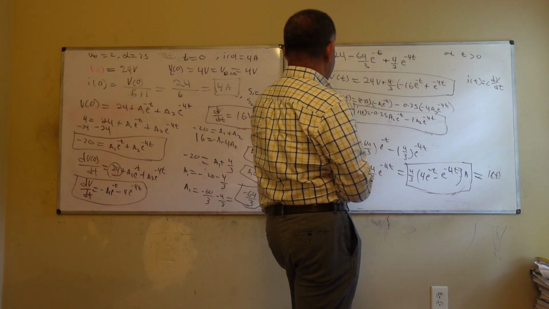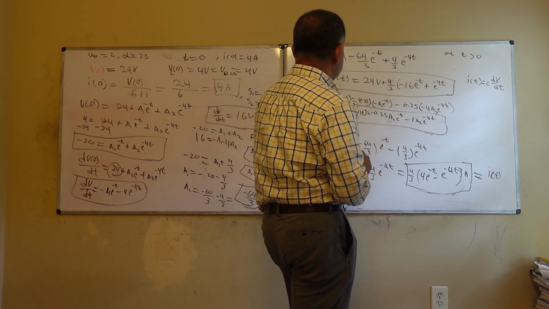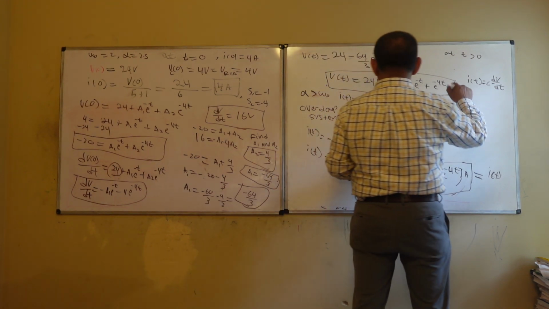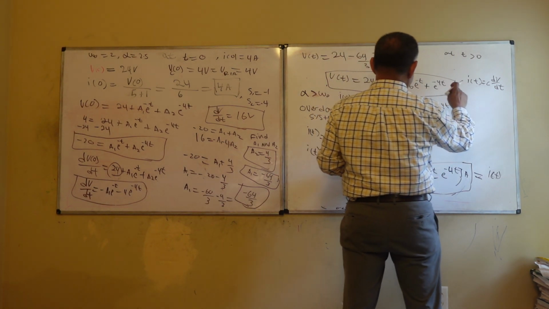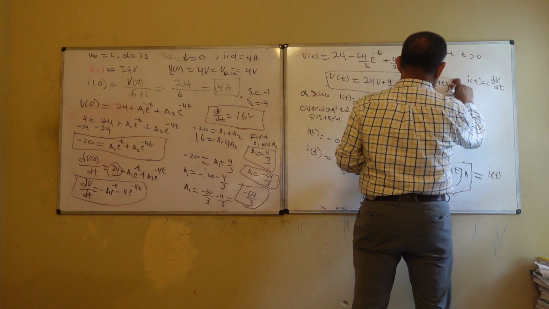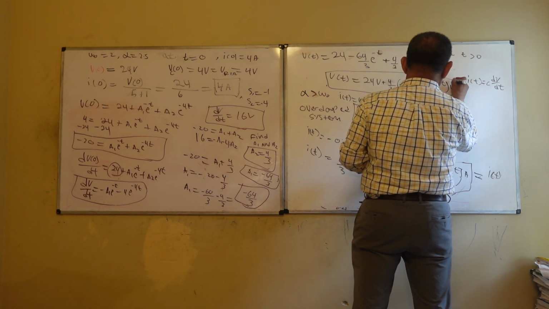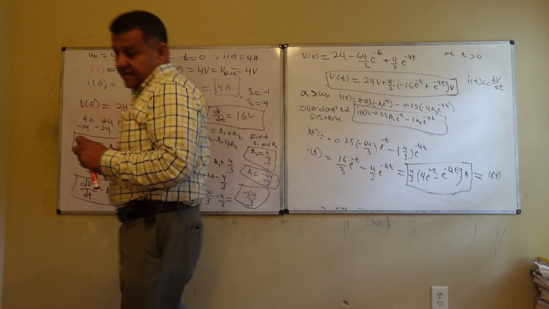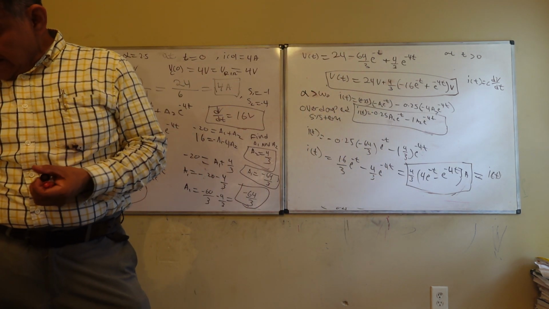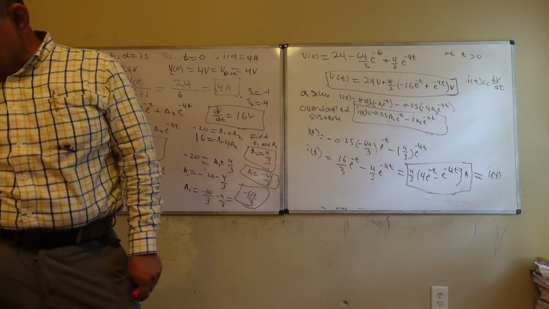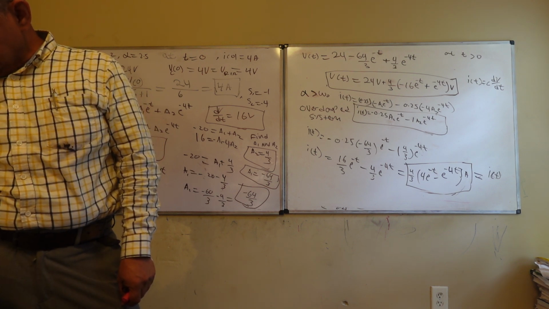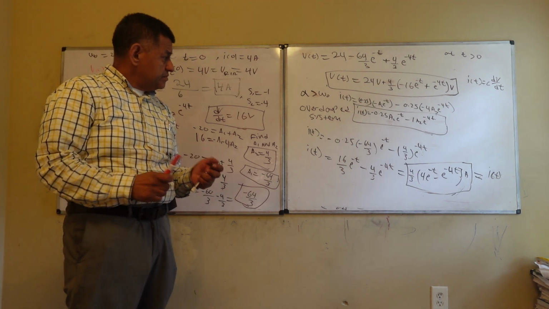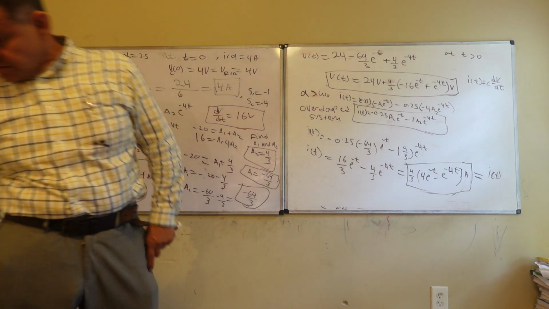And the voltage, we found that out, that is this guy right here. We can call that V. So as you can see, that is the answer for that problem.